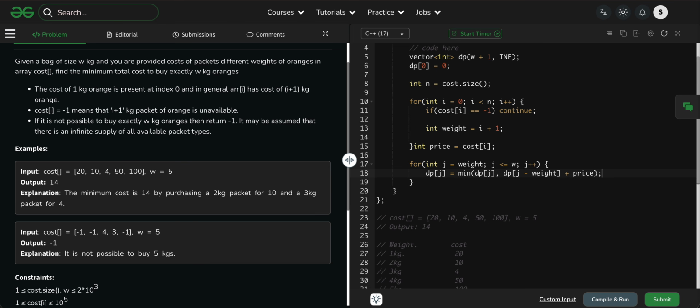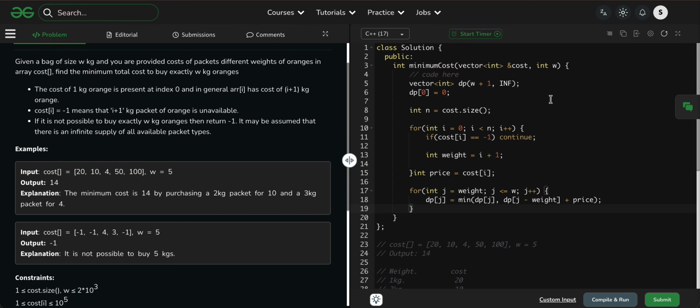I can just see what the problem is, surely. The loop starts from the cost size, and then this one is fine.